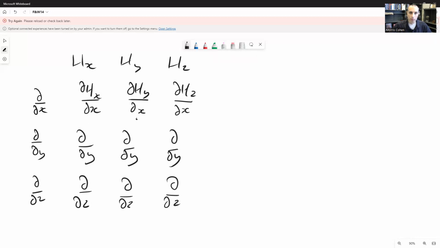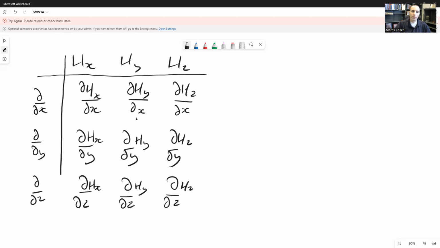Let's correct that. All right, now finally, let's write in the coordinates. This will be hx, hy, hz, hx, hy, hz. All right, so this is a table just to show us the 9 possible ways that we can take the derivative of one component of h in one direction, or any vector field. It doesn't have to be h. All right, so there are 9 possibilities here.